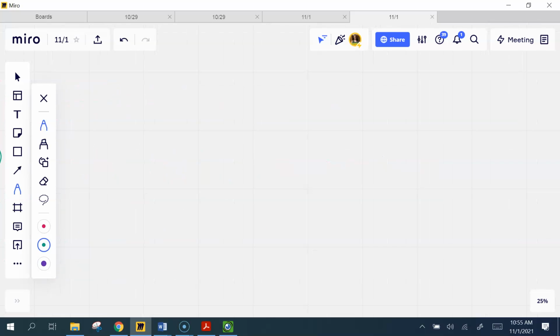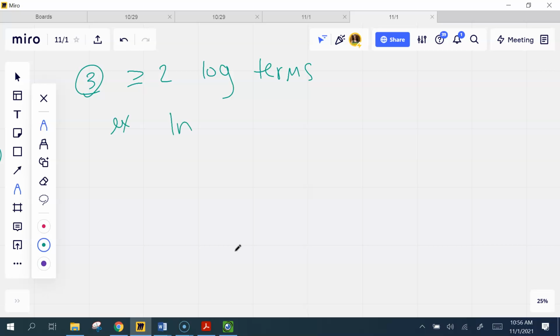Scenario 3. This would also work in the prior scenario. You could have done this. But what you want to do, this could look something like, remember natural log is still log.